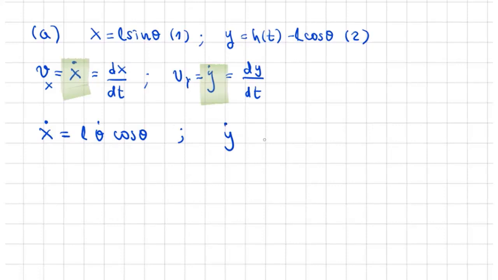Y dot is going to be something similar. H is a function of the time, so I have the derivative with respect to time of h, plus, here is minus L times the derivative with respect to time of cosine of theta, which is theta dot times minus sine of theta.